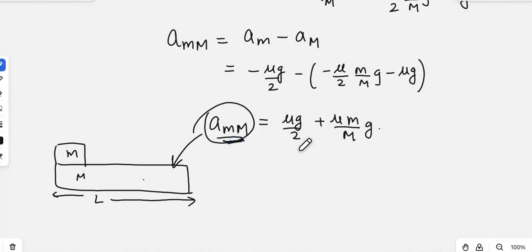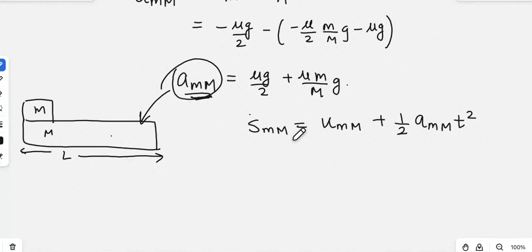So now I will write the relative displacement. The displacement of small m with respect to capital M is equal to the initial velocity of small m with respect to capital M plus half a_m relative to capital M into t square, right? So the displacement of small m with respect to capital M is L, which is simple.